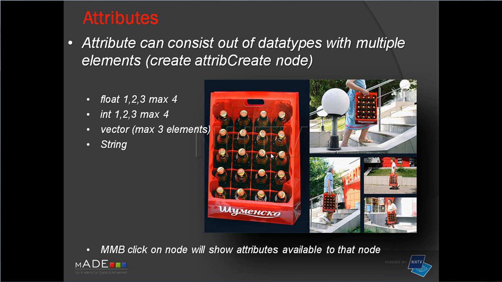You could store color inside an attribute, and color consists out of RGB, red, green and blue. So in that case, an attribute stores a float value of three different values. You also have string values, so an attribute can contain text as well. Those are the things that you can all add into attributes.